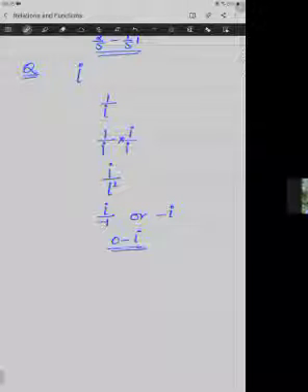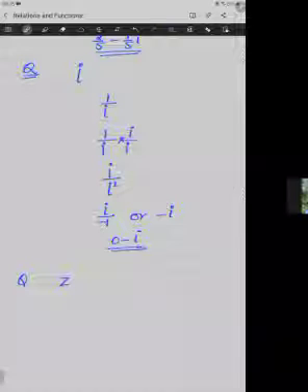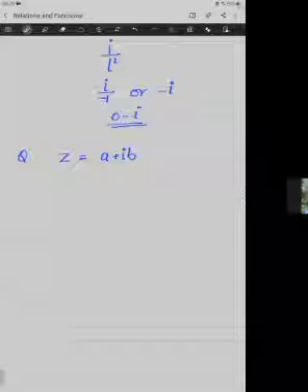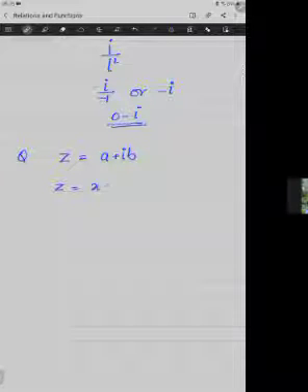A complex number can be said as z equals a plus ib. This we need to represent on the Cartesian plane or Argand plane. I'm writing z equals x plus iy. Now you will be able to understand better.